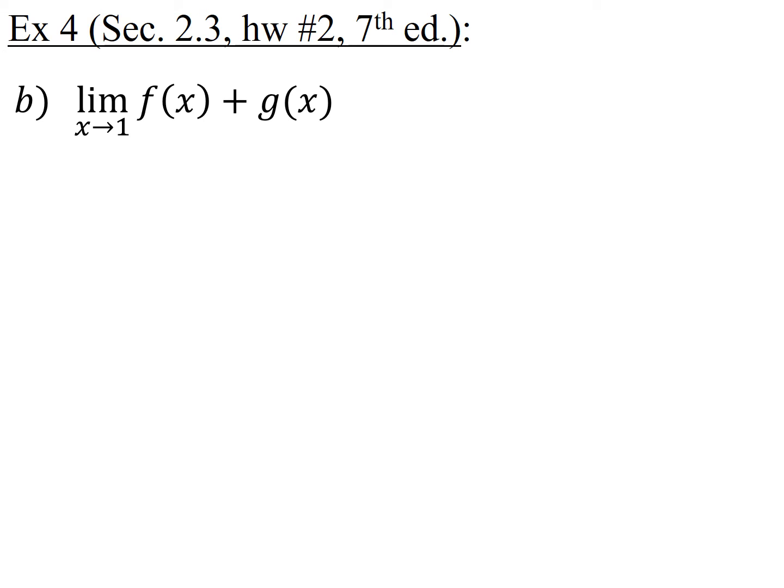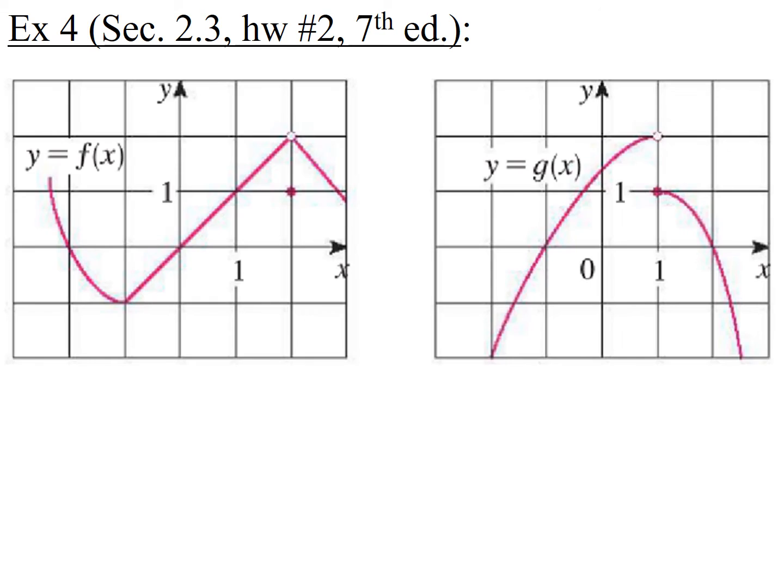So let's go ahead and look at the graph real quick so you can see what's happening here. So if you look at the graph of f, let's see if we can figure out if the limit as x goes to 1 of f exists or not. So does it exist? Yeah, that limit exists.